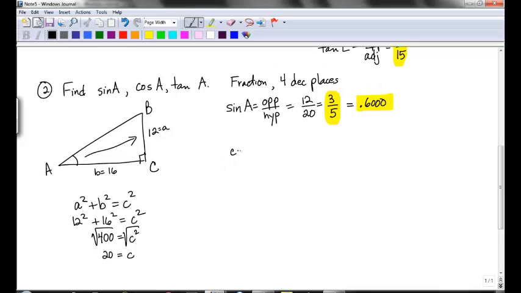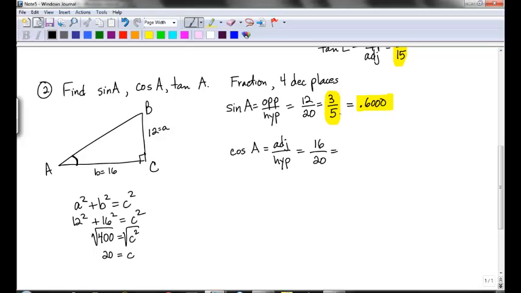Then we want cosine of angle A. Cosine of that angle is the adjacent over the hypotenuse. Don't skip writing this down. The adjacent, the one that's touching angle A, would be 16, and the hypotenuse is 20.